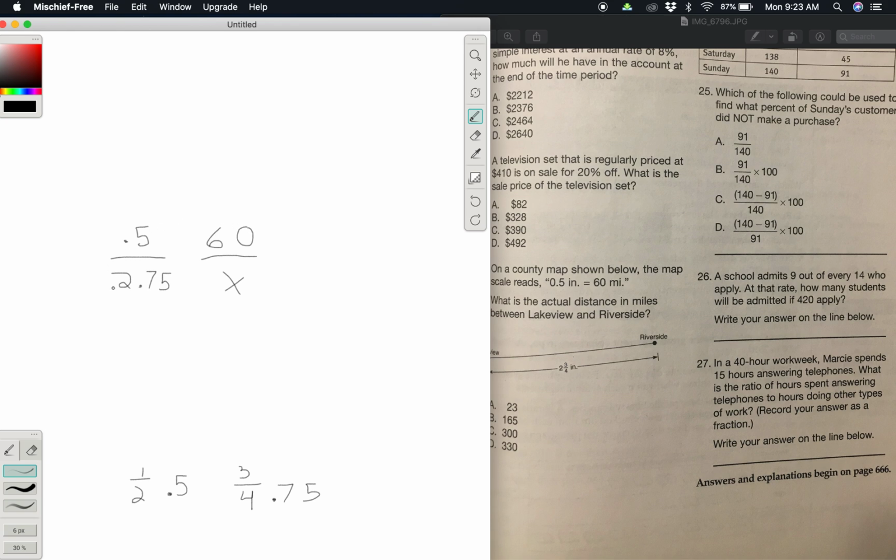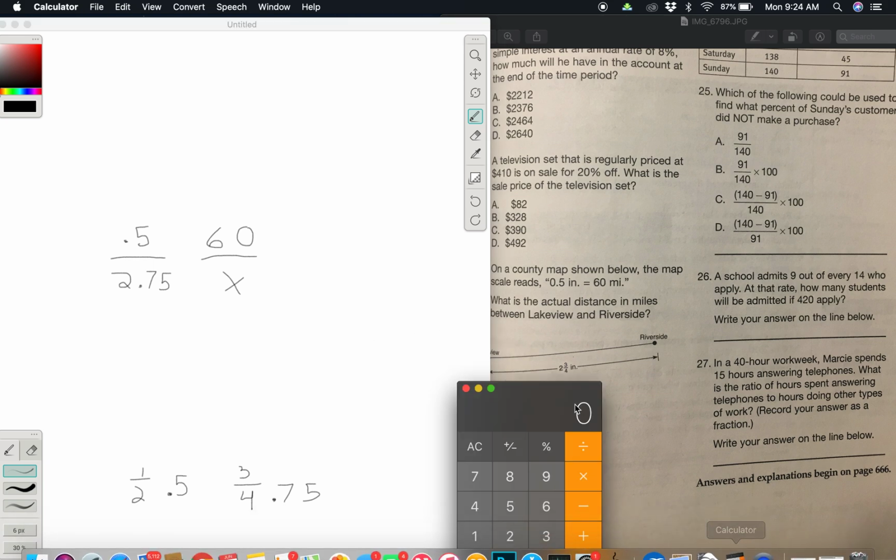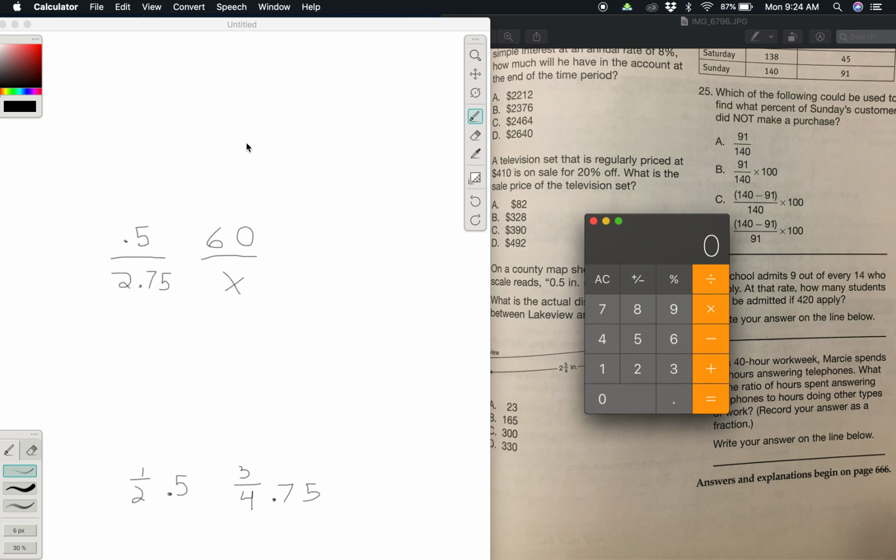So now we have to see what 2.75 equals in miles. Then we get the total distance between Lakeview and Riverside. We do the same thing: multiply towards the side with the missing variable, which is the x, when we multiply diagonally, always.